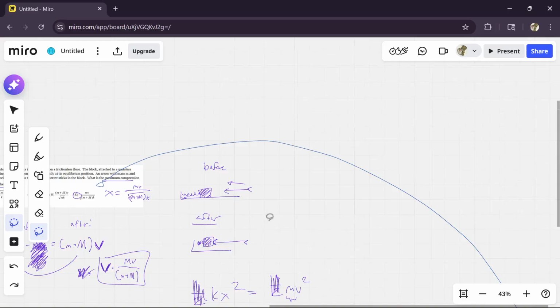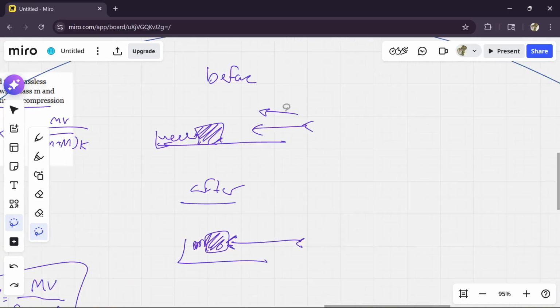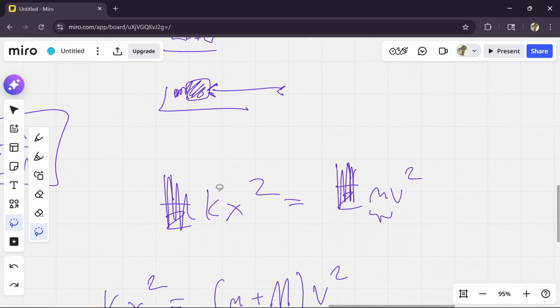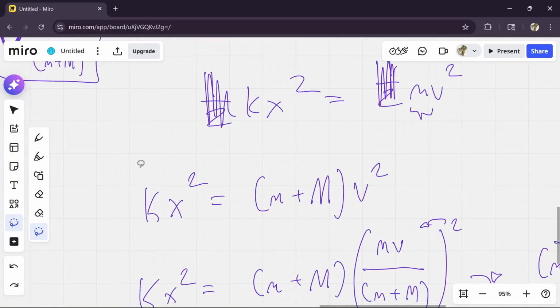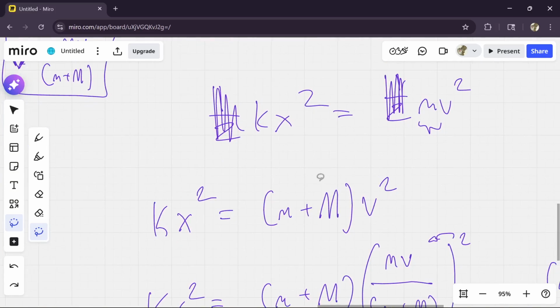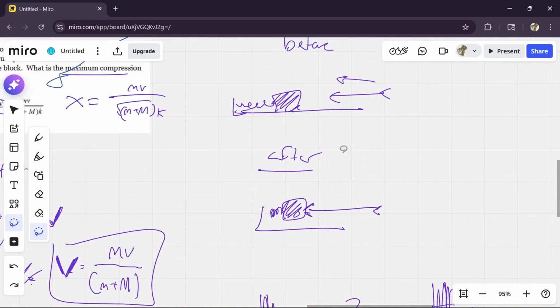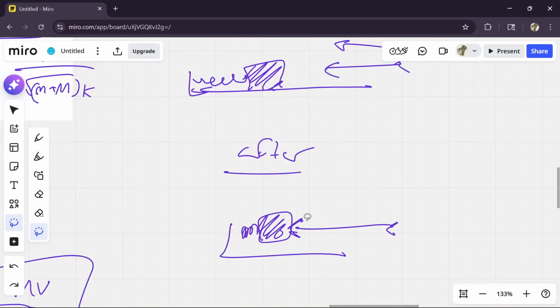Then we do what I said before and talk about how it goes from kinetic in the before to the spring to the after. So we set them equal to each other, cut out the halves, and we get spring is equal to kinetic. Then we plug in the total mass. In the after, the mass of the situation is now the block plus the arrow.